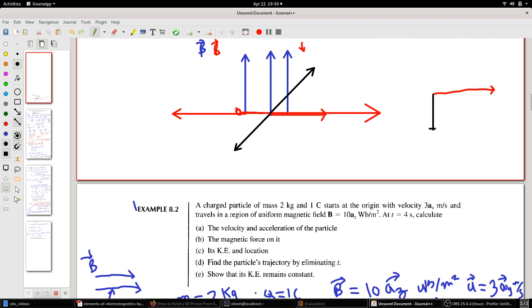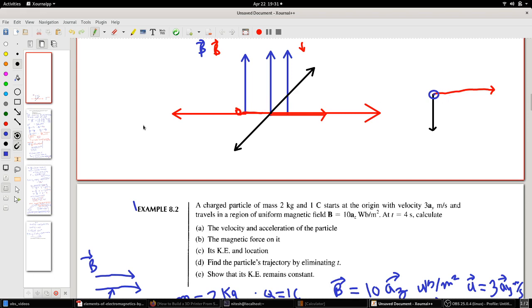Now you see that a small charge is moving along this direction, and suddenly you turn on the field, and the field is coming towards you. When I see from the top view, the field is coming towards you. So what you have is a point, something like this.